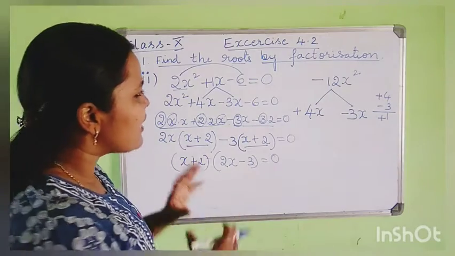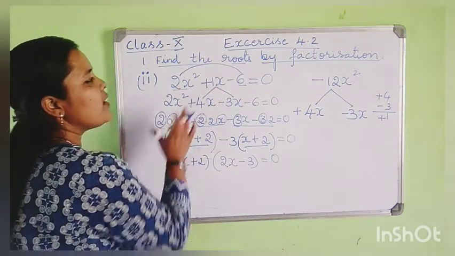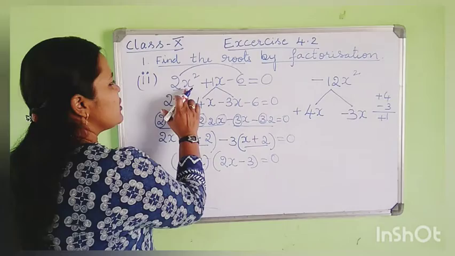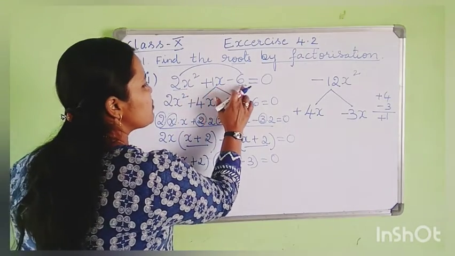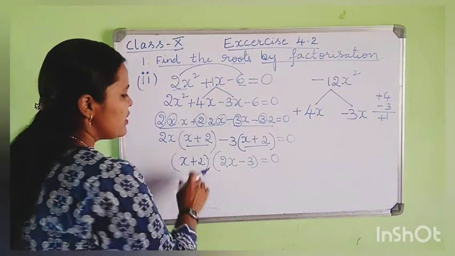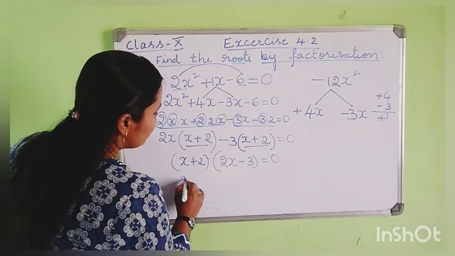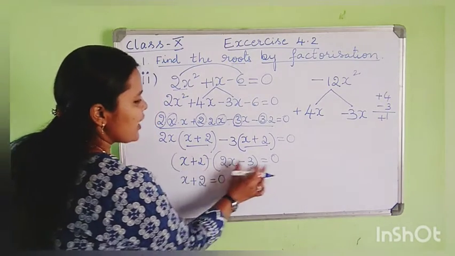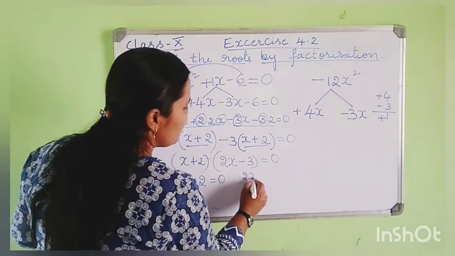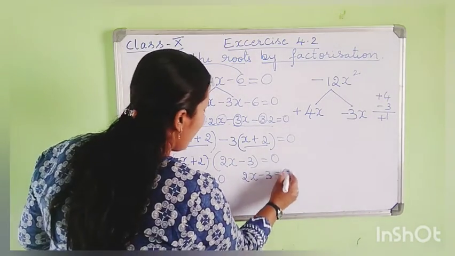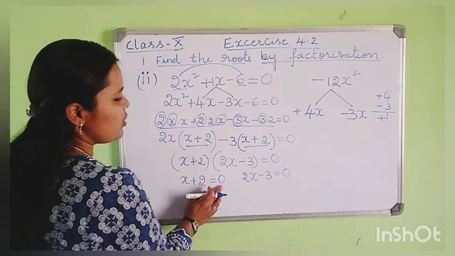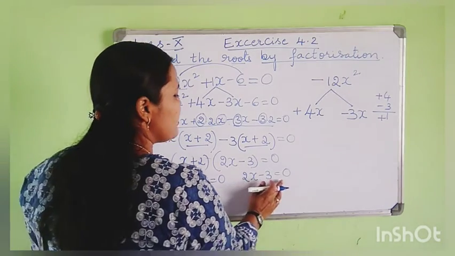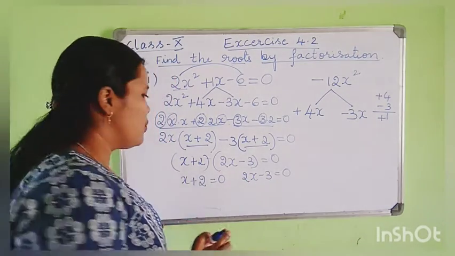These two are the factors of the given quadratic equation 2x square plus 1x minus 6 is equal to 0, right? So now to find the roots, compare the two factors with 0, you will get x plus 2 is equal to 0 as well as 2x minus 3 is equal to 0.